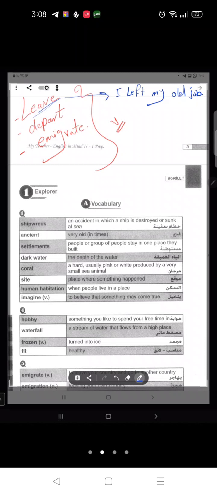Let's have another example. I could say, I left my flat. This means that nowadays I have a new flat and I'm living in a new flat. So I left the old flat. Let's move to number two.